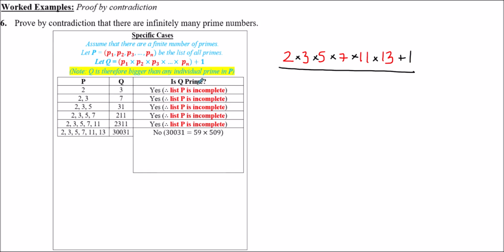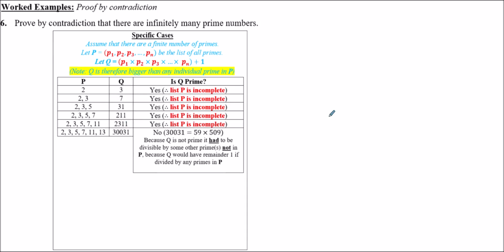But because Q isn't prime, it means it must divide by something else other than these red numbers. So that's why these prime numbers aren't in this list. So because Q is not prime, it had to be divisible by some other primes not in P, because like I said, Q would have a remainder 1 if divided by any primes in P.